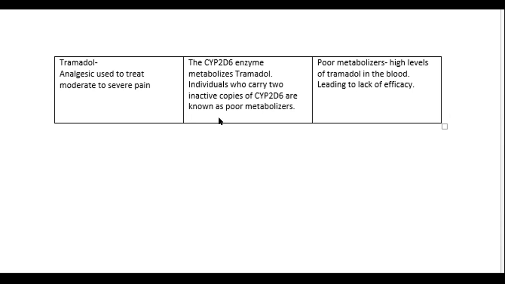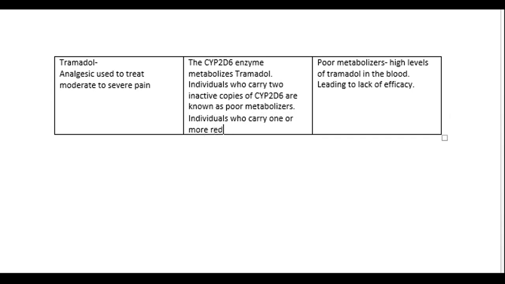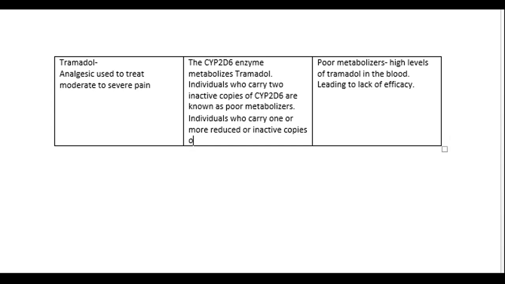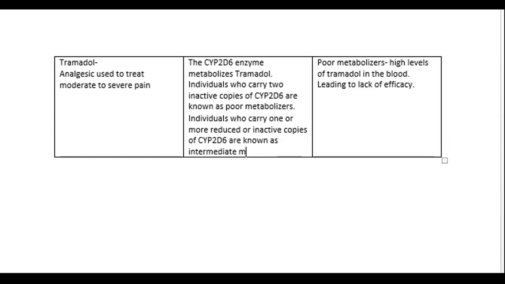If the individuals who carry one or more reduced or inactive copies of CYP2D6, they are known as intermediate metabolizers.